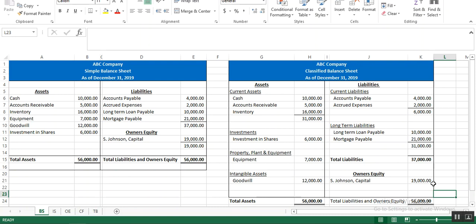It's just the way that the information is presented. In the classified balance sheet, it's now presented in categories versus the simple balance sheet. Once it's an asset, it's all lumped together. Liabilities all lumped together. But on the classified balance sheet, we now categorize it based on the type of asset that it is, the type of liability that it is.